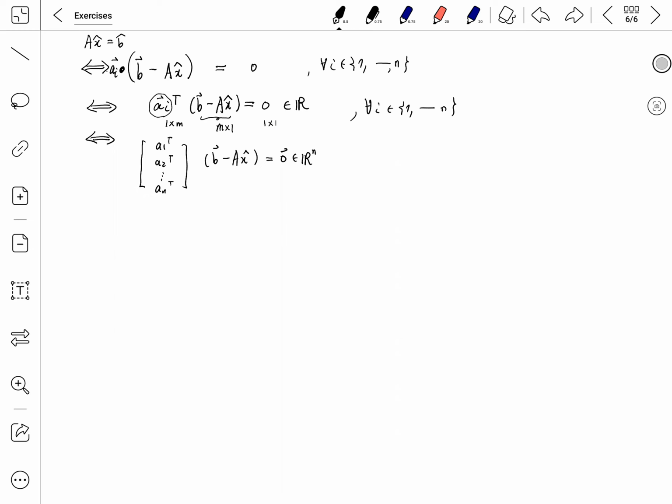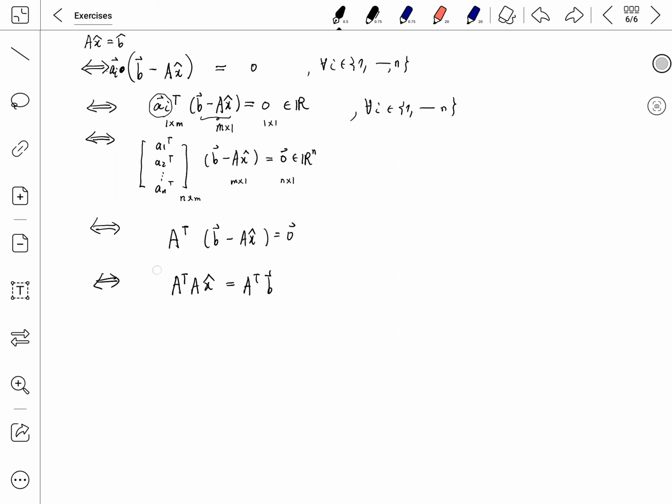And when I do this, this will become n by 1 column vector. This is equivalent to the transpose of A times b minus Ax hat equals 0. This is equivalent to A transpose A x hat equals A transpose b.